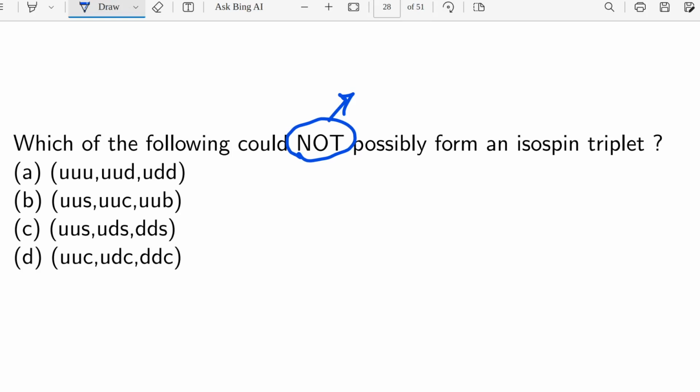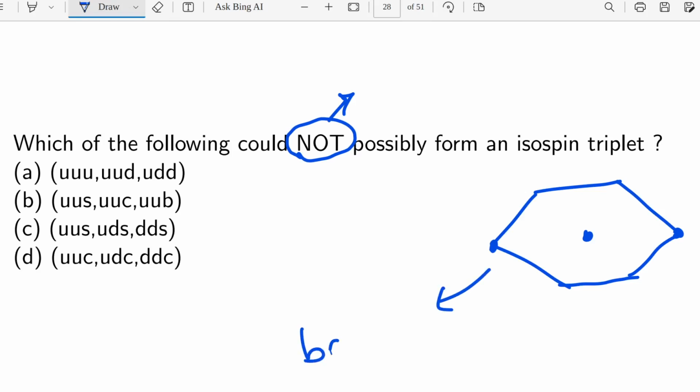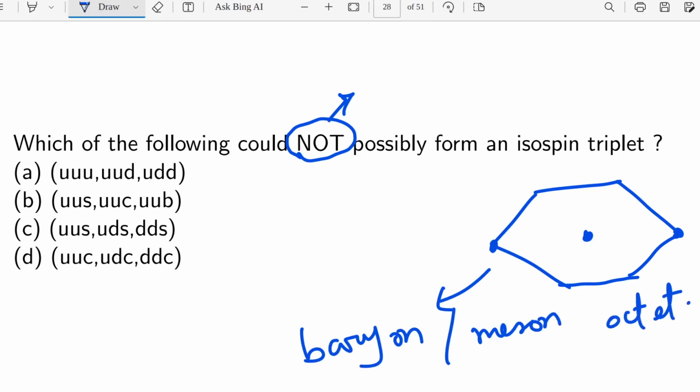You can remember, if I write here baryon octet, it can be baryon octet as well as meson octet, right? So in that baryon or meson octet, you can see here 1, 2, 3, 4, 5, 6, 7, 8.